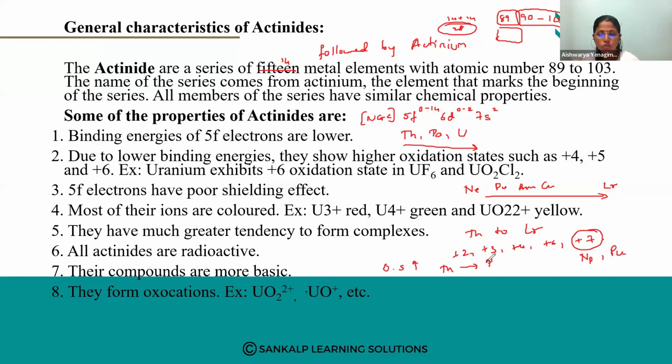Thorium shows +4, protactinium shows +5, and uranium can show +6 also. After plutonium, the tendency to exhibit higher oxidation states goes on decreasing. From berkelium onwards, only the +3 oxidation state is possible.